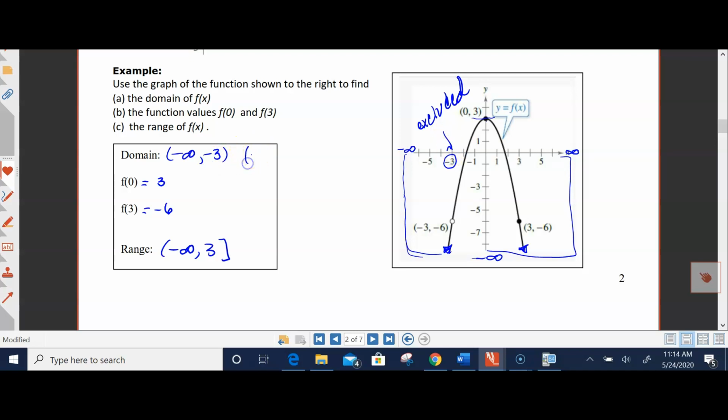And then we're going to pick up with the negative 3 with a parenthesis to exclude him and continue on to positive infinity. I know it's awkward, but if you've got open circles, you've got to be aware that point needs to be excluded. So left to right, I got to exclude negative 3 on the x-axis. Otherwise, everything else is good.